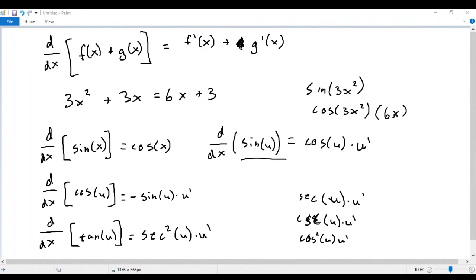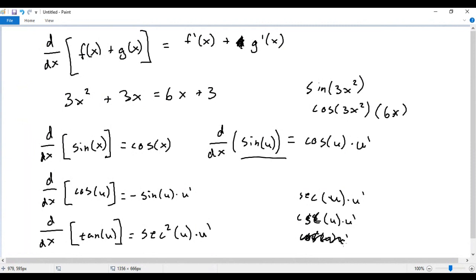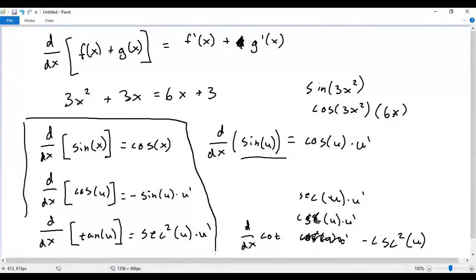Sorry, I was right, it would be negative cosecant squared. But essentially, remember these are all identities, and they are important for you to remember. But they're fairly straightforward. Essentially, sine just goes to cosine, cosine goes to negative sine, and tangent, being weird, just goes to secant squared.